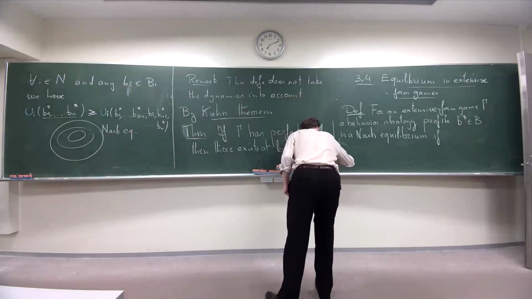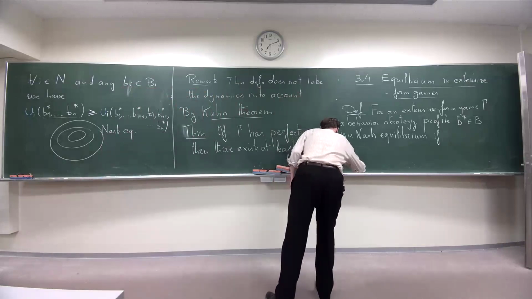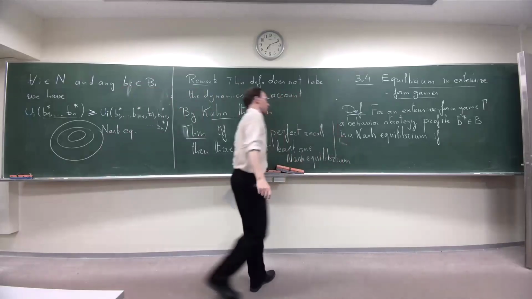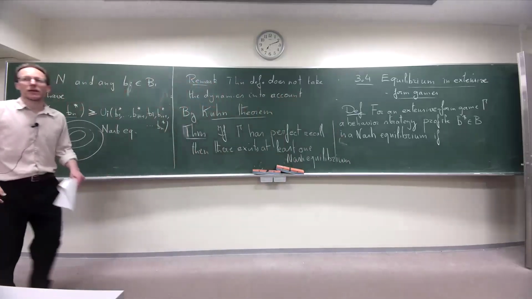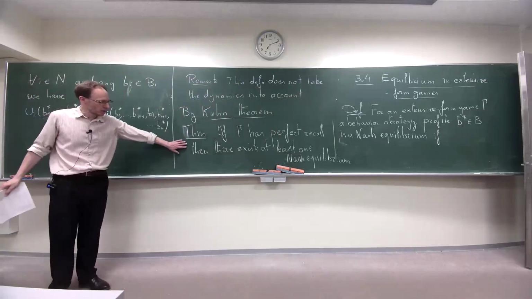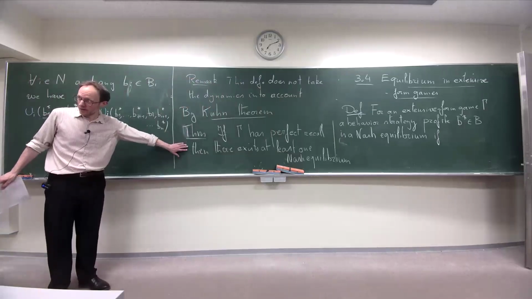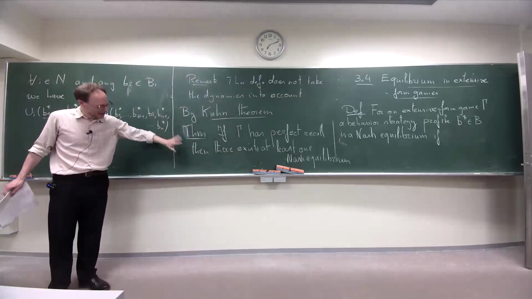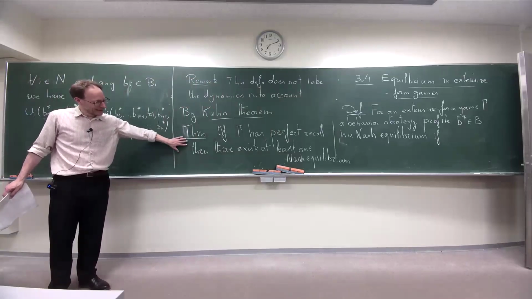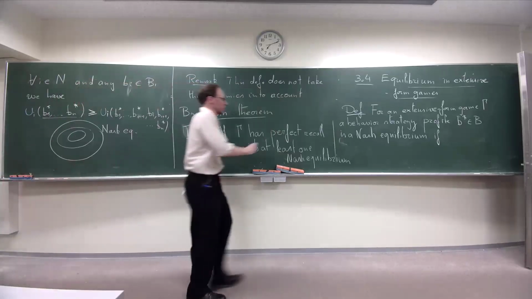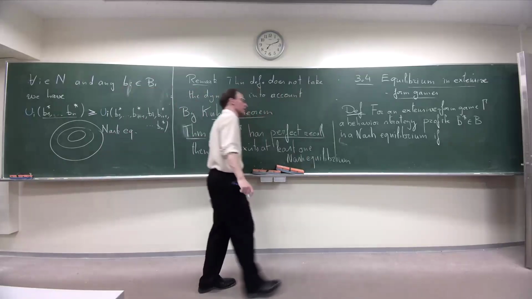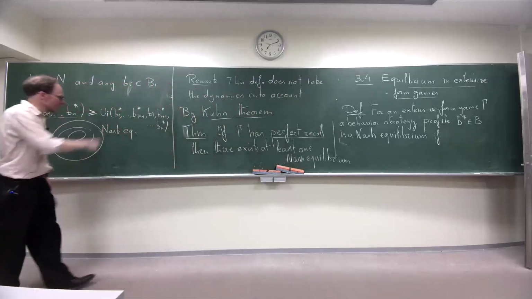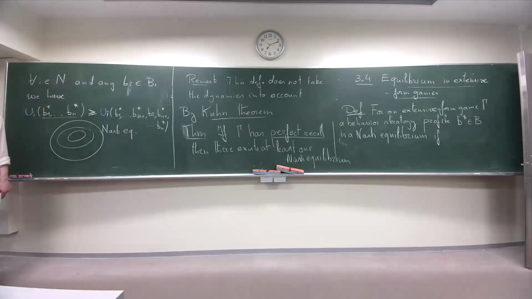And it's not really necessary to prove it because we already know it. We know this result for mixed strategies. And if we have perfect recall, there is a one-to-one correspondence. And since the definition is the same, we get it.